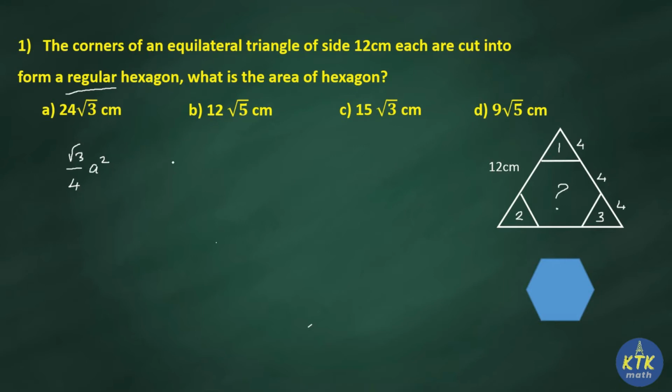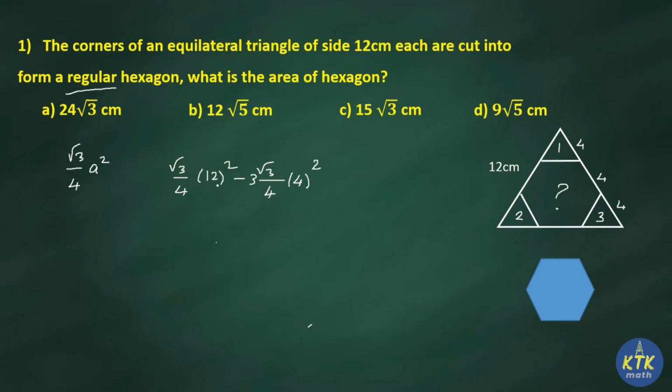So root 3 by 4, larger triangle side is 12, so 12 square, then minus root 3 by 4 into side square. But how many triangles do you have? 3 triangles. So this is nothing but 3 times.